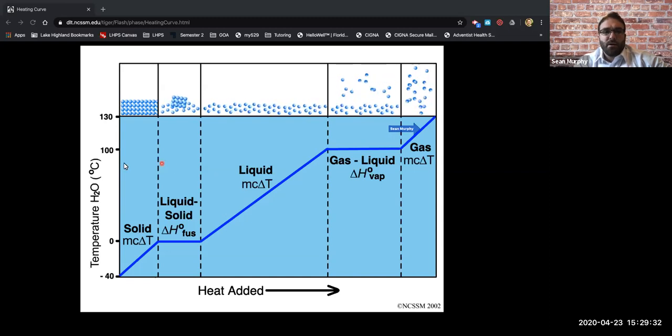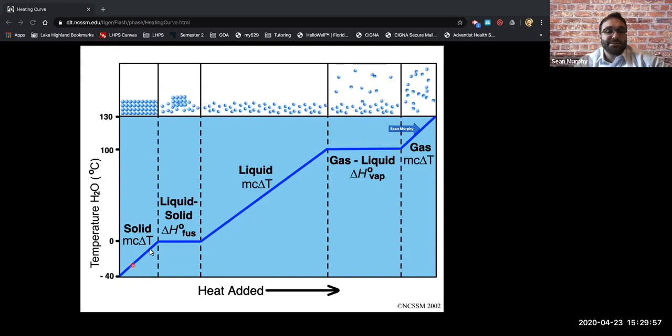So, on the left-hand side of our chart here, we have temperature in Celsius. Therefore, we know that 0 and 100 are important numbers because water freezes or melts at 0 degrees Celsius, and it either condenses or boils at 100.